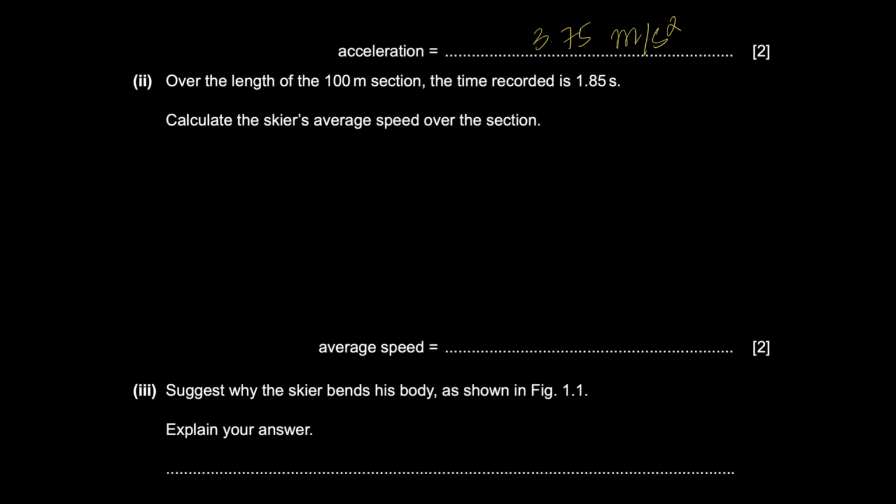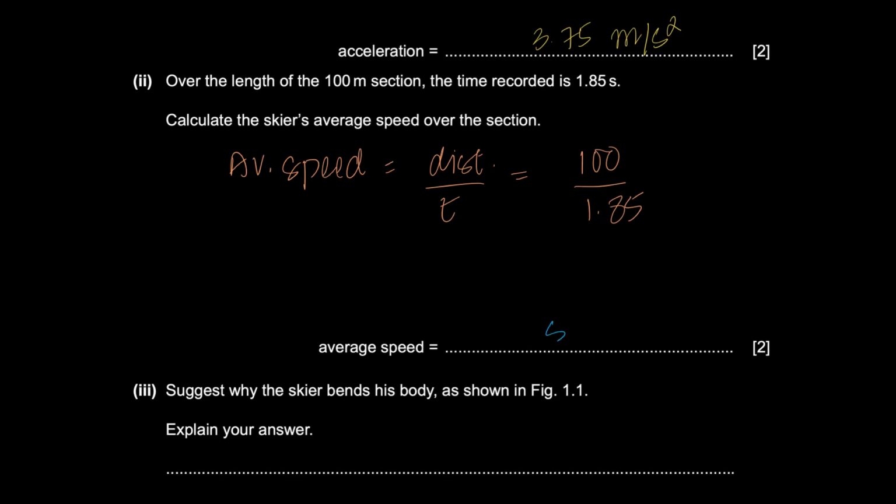So average speed is pretty easy. Average speed is going to be the total distance traveled over the total time taken. So the total distance is pretty easy, 100 meters in 1.85 seconds, and that should give us 54.05 meter per second.